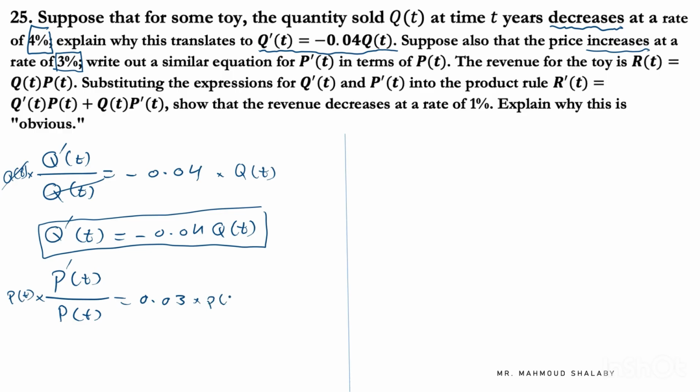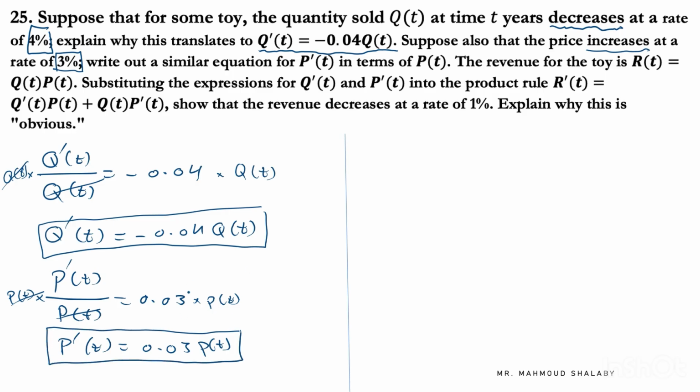I will highlight this as well. So we have these two, I will use them later. It says write out a similar equation for P prime of t in terms of P of t. So this part is done.